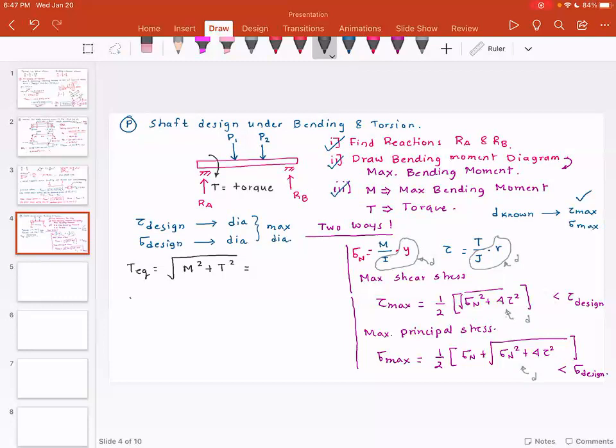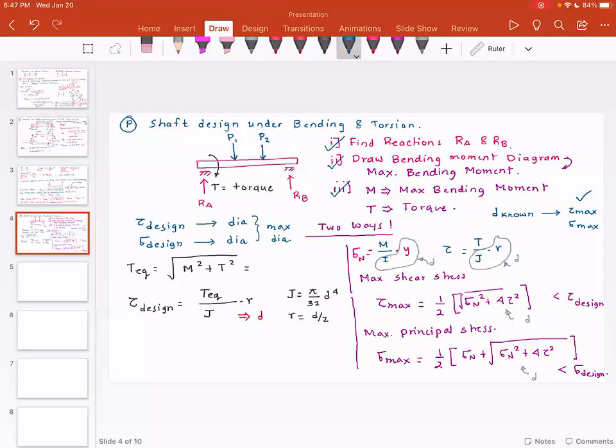So tau design is equal to T_EQ divided by J times R, where J is pi by 32 d to the power 4 for a solid shaft, and R is equal to d by 2. So from this equation, I should be able to get directly the value of D.